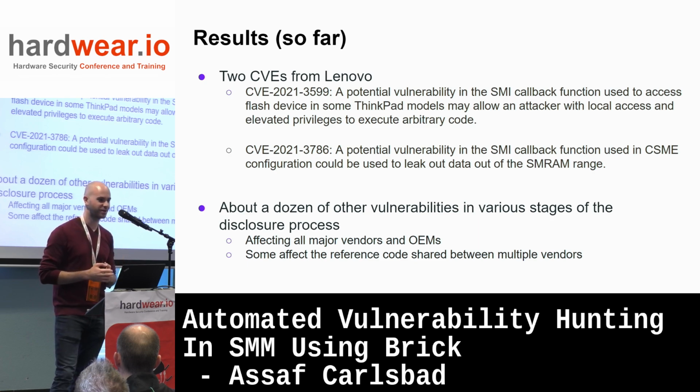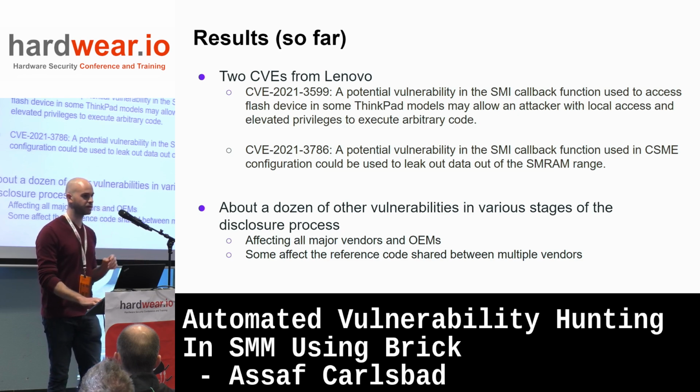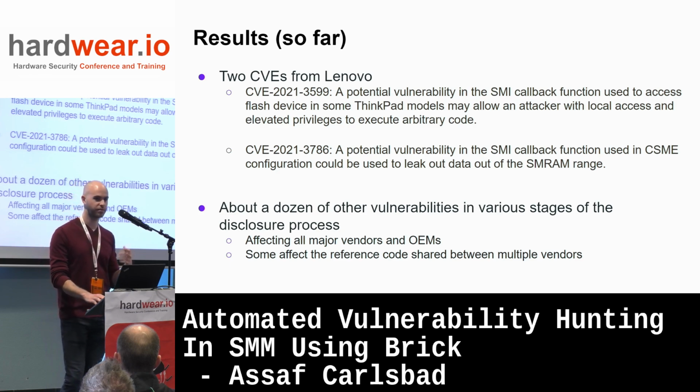That means I can't say the names of the affected vendors, but I can say that the list includes almost all the well-known names and OEMs you are familiar with. Some of these bugs also affect parts of the reference code which is shared between multiple vendors, so some of them have a broader impact.